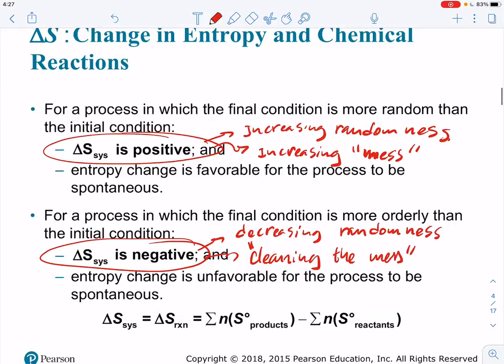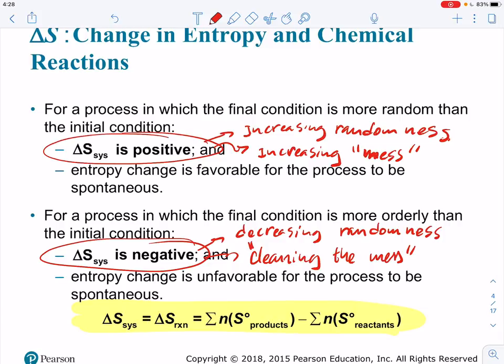And this is one equation that you need to get familiar with. This should be familiar because it's pretty much the same that you use when calculating enthalpies of reaction when you have enthalpies of formation. It's the same thing, but with entropy.